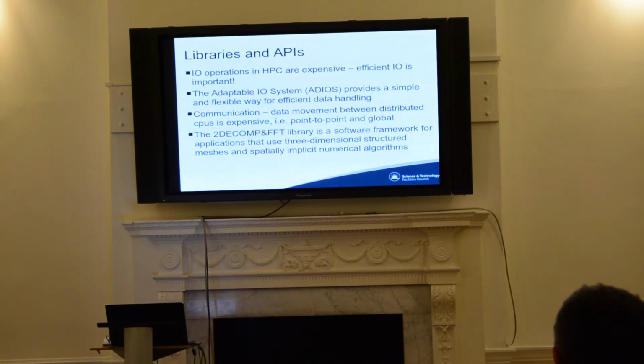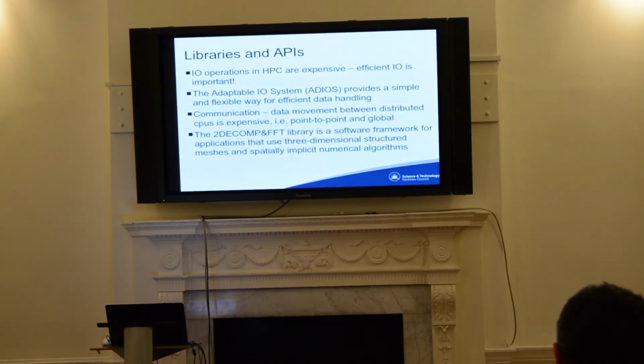So the other expense in HPC is communication, and that consists of mainly point-to-point or global type communication. The point-to-point isn't usually too bad, because what we're doing there is just passing data between neighbouring CPUs, or even two CPUs that are not closely connected.